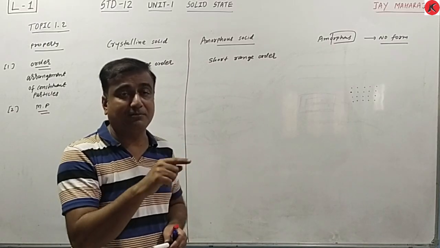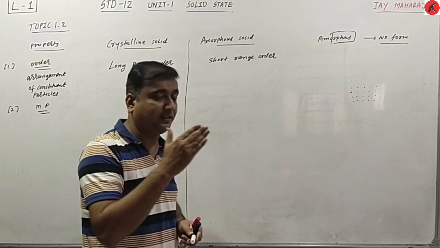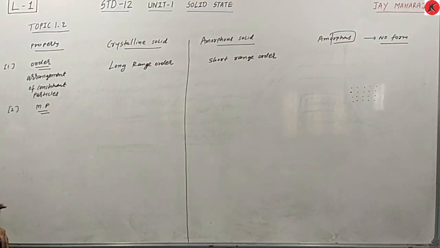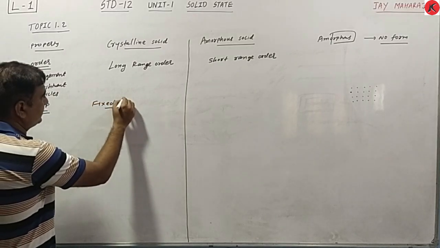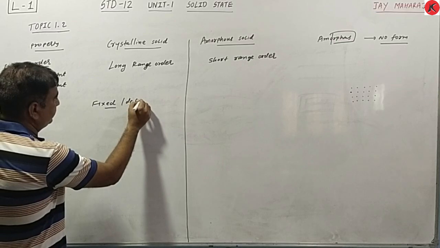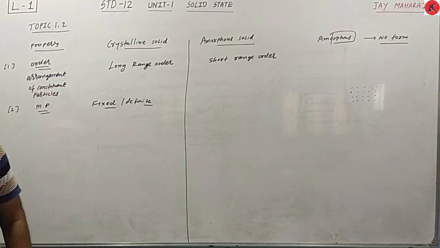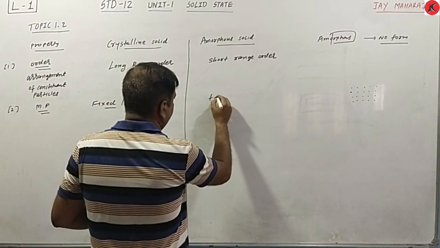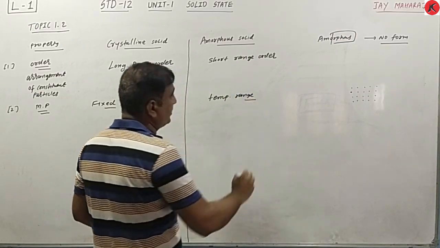That means it melts between 300 to 400 degrees Celsius, otherwise 400 to 500. In the crystalline solid, melting point is fixed, otherwise definite. That means characteristic melting point is there. Here temperature range is there. No fixed temperature.